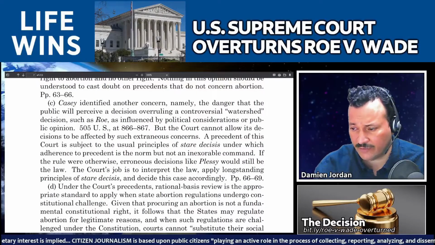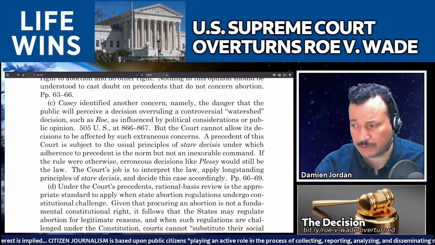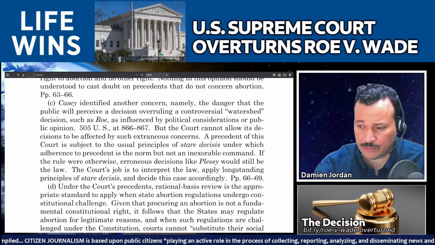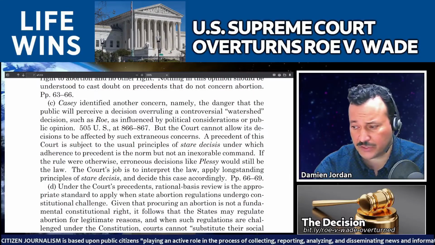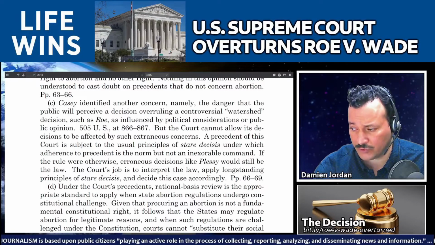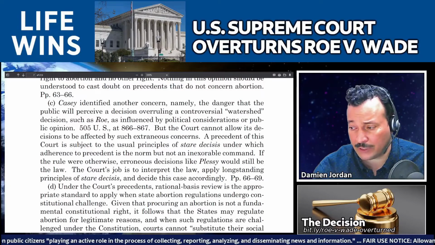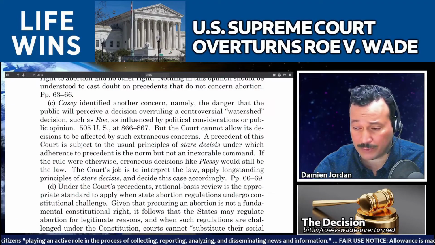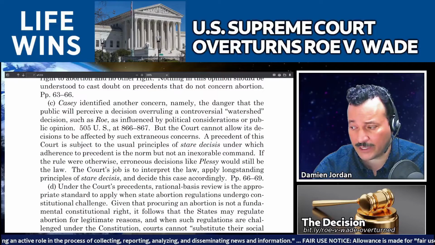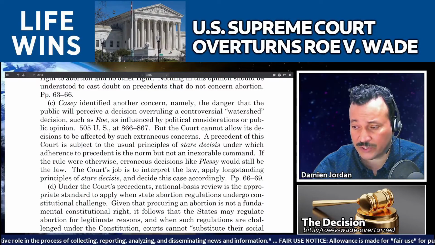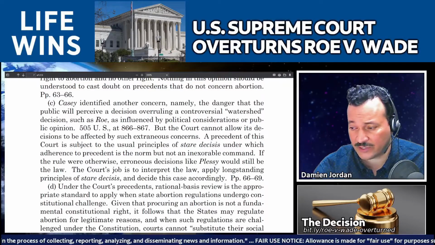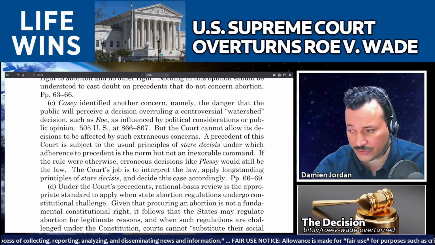Casey identified another concern, namely, the danger that the public will perceive a decision overruling a controversial "watershed decision" such as Roe as influenced by political considerations or public opinion. But the court cannot allow its decisions to be affected by such extraneous concerns.